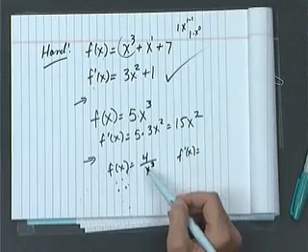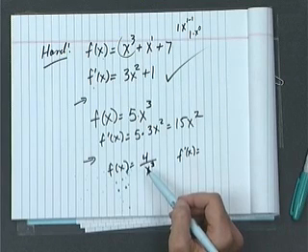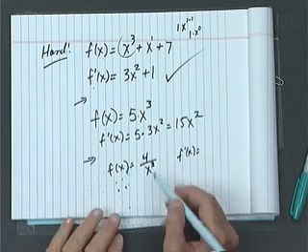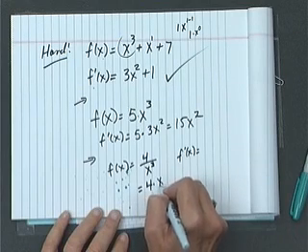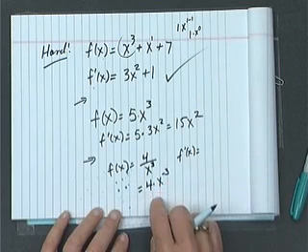How did you rewrite it before you took the derivative? Yes, you got to make it fit the rule exactly. So we're going to write that as 4 times x to the negative 3.